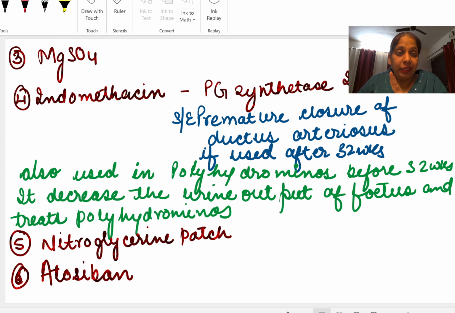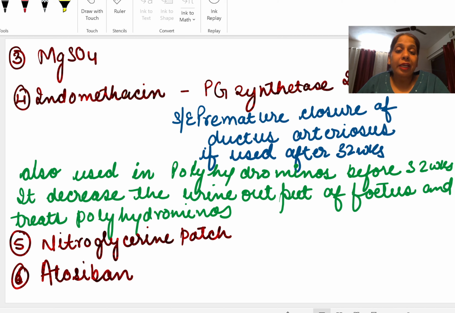Here you have to keep in mind that indomethacin has two uses. One is tocolytic action, and another is in patients of polyhydramnios. In both conditions, we will not give it after 32 weeks because of its common side effect that it causes premature closure of the ductus arteriosus.